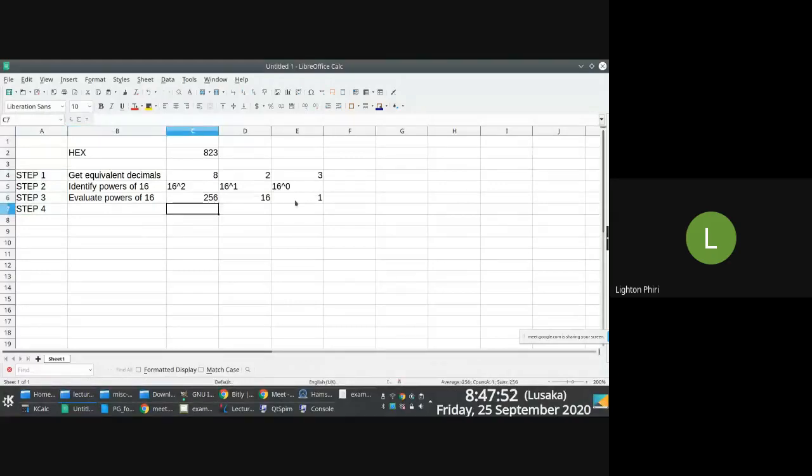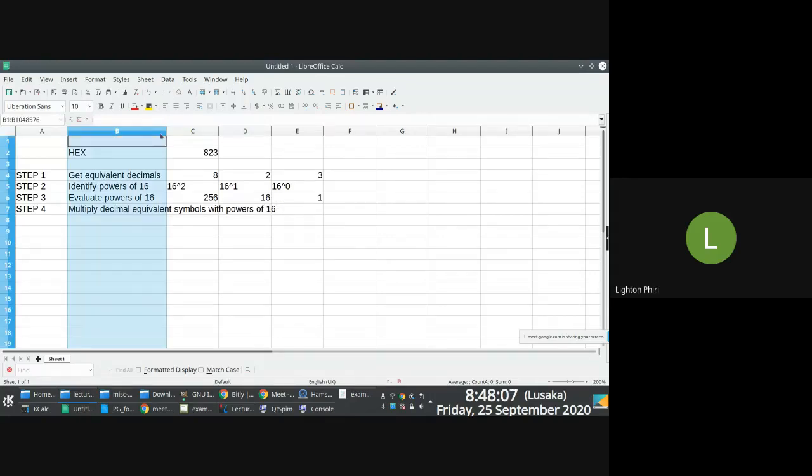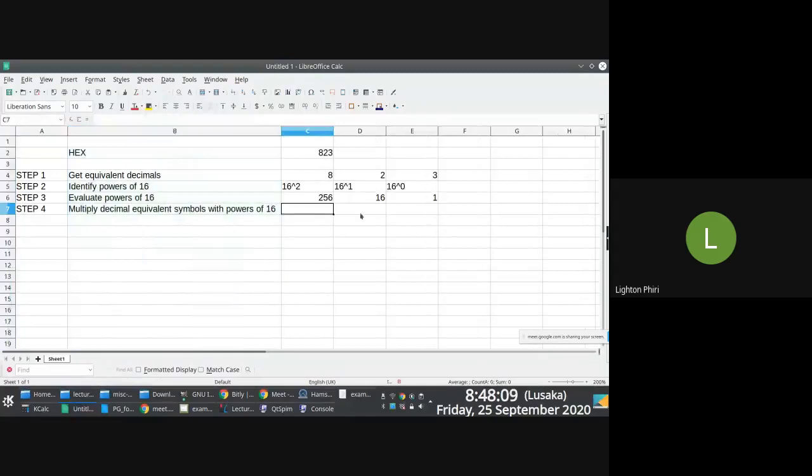Okay. And then what you do next is you multiply the decimal equivalent symbols with powers of 16. In this step, all we are doing is we're saying 256 times 8, 16 times 2, 1 times 3.